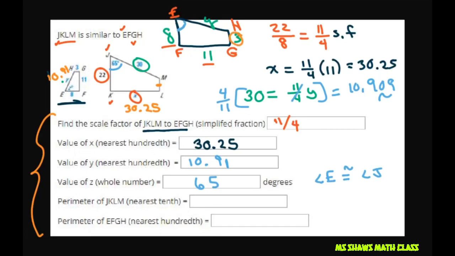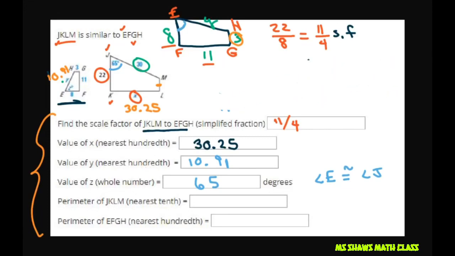So that value, let's just call it ML. And I'm going to erase some of this right here. So ML, use your scale factor, is 11/4 times 3. And that's 33 divided by 4. And 33 divided by 4 equals 8.25.